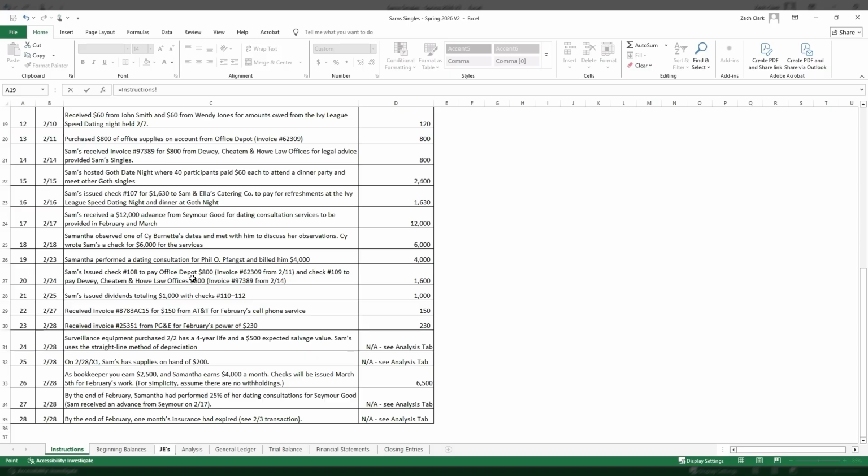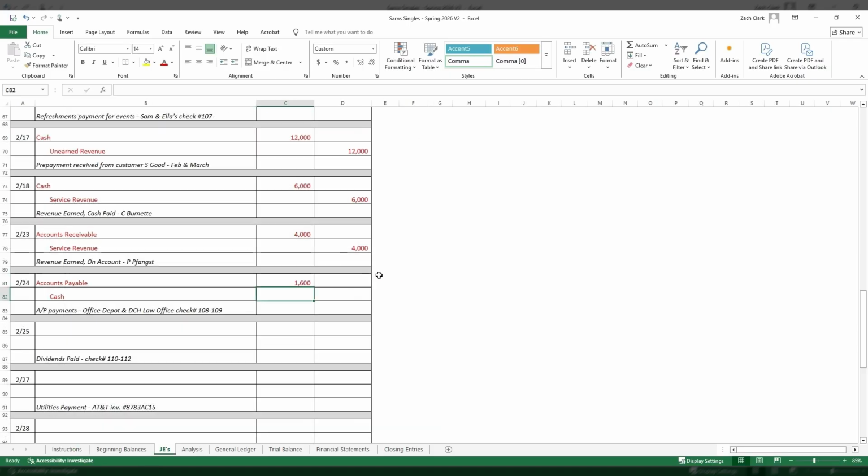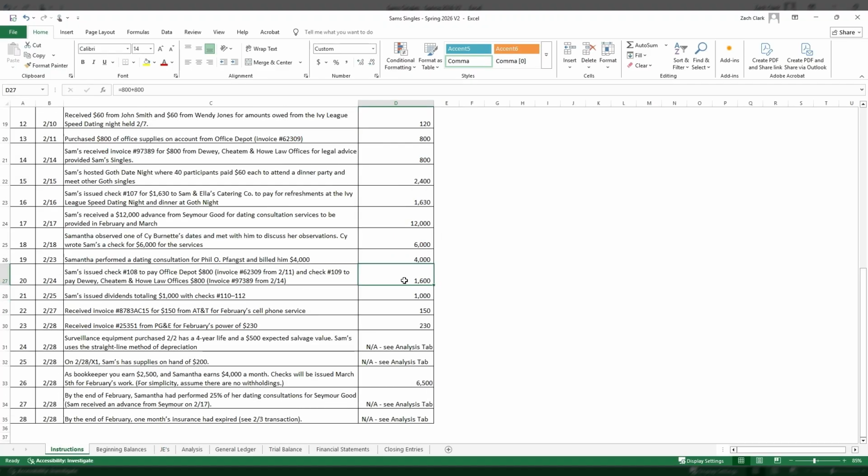Which one are we on? There we go. And you can see, I think that was related to these two purchases, one of office supplies, one from the legal firm, and then this is the actual payment of those amounts later.